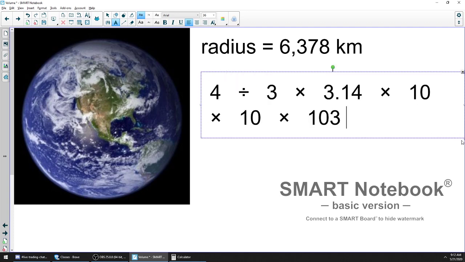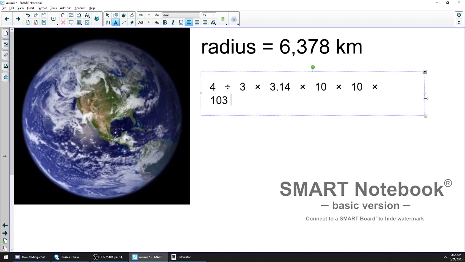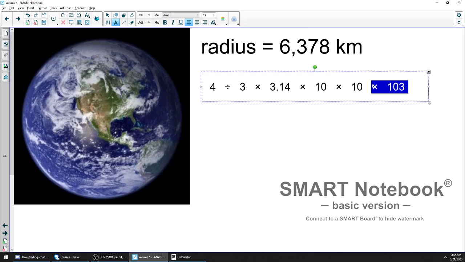Remember, we're always trying to find the radius. So 4 divided by 3 times 3.14 times 6,378 times 6,378.